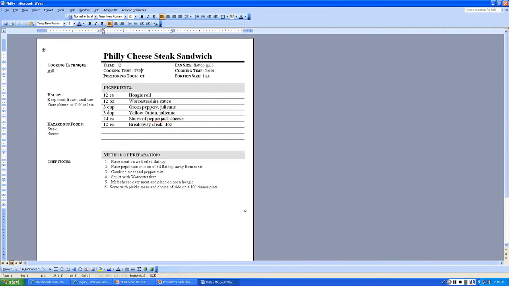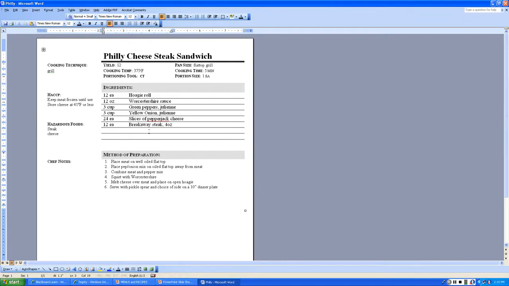Same for the onions. I know how many pounds of onions I need to put in here, and so that will tell me exactly how much the green peppers cost. I can figure out how much the onions cost. I can figure out exactly how much 24 slices of pepper jack cheese costs, exactly how much 12 of the 4-ounce breakaway steak costs.